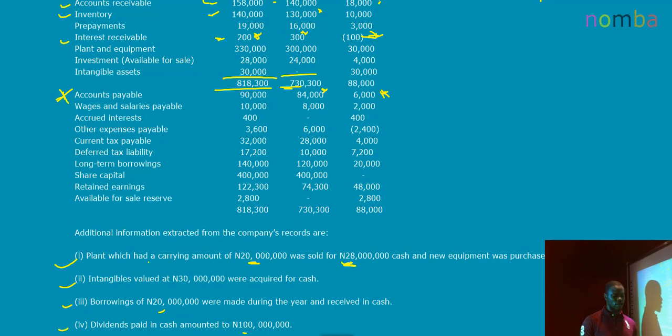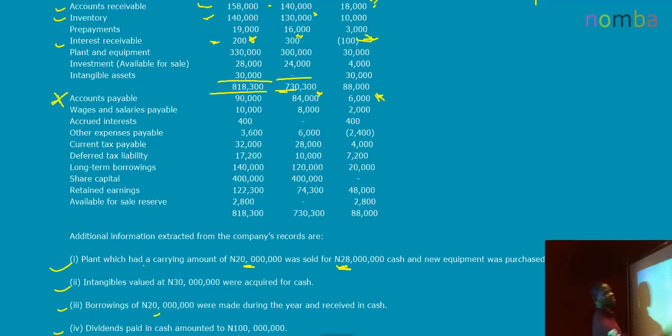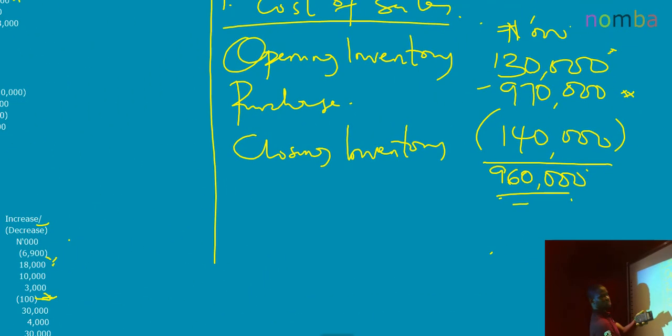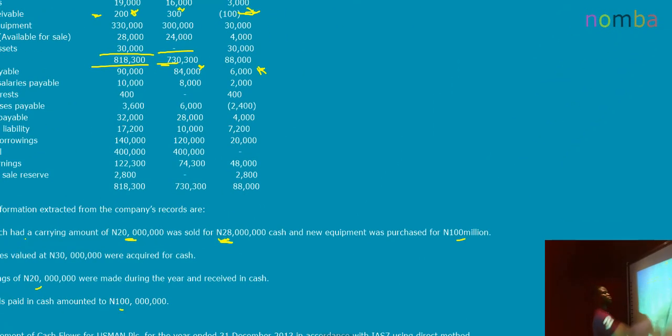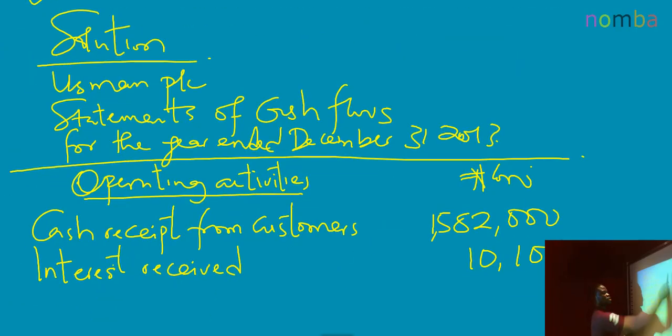So out of the 970,000, 6,000 we have not paid. We have not settled our supplier 6,000. So if you deduct 6,000 from the 970,000 we got here as purchases, you'll be left with 964,000.